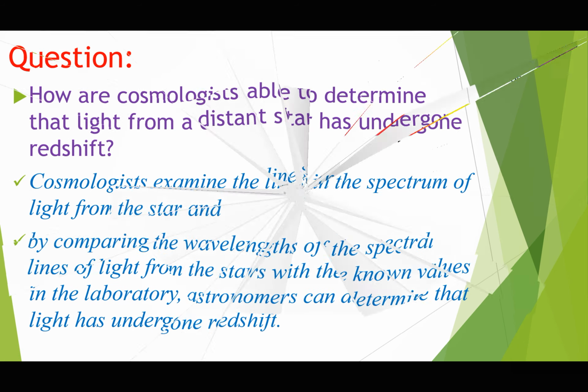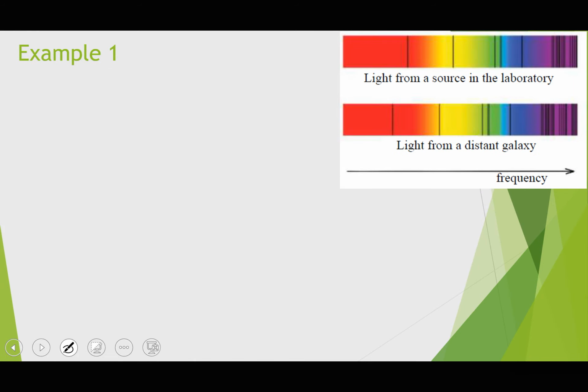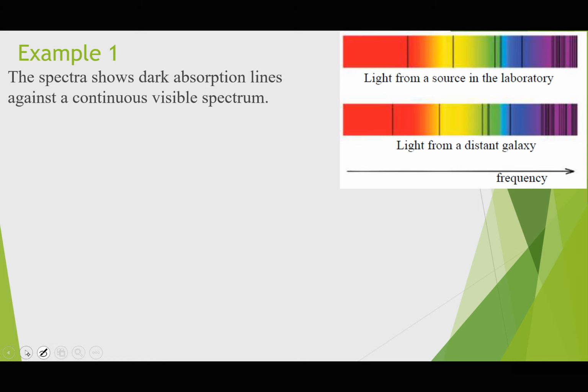Examples. Number one, the spectra, of course spectra is plural, shows dark absorption lines against a continuous visible spectrum.